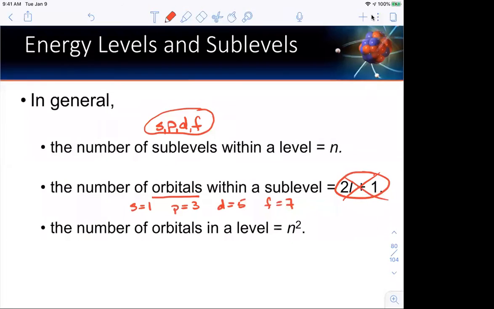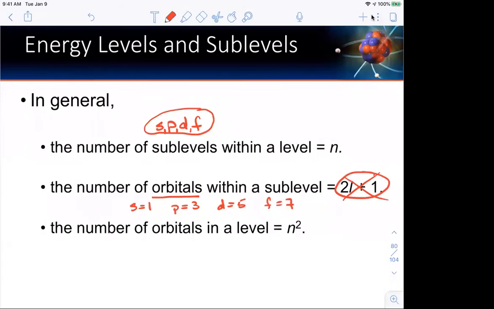These are the fundamental ideas: any s subshell only has 1 orbital, any p sublevel has 3, any d sublevel has 5 orbitals available, and the f has 7. That's really all I need, even if I do have theoretically more as we go on in the periodic table. So we're just going to keep it simple here.